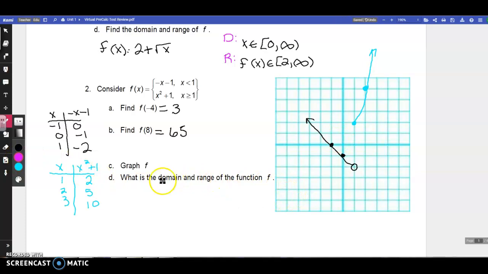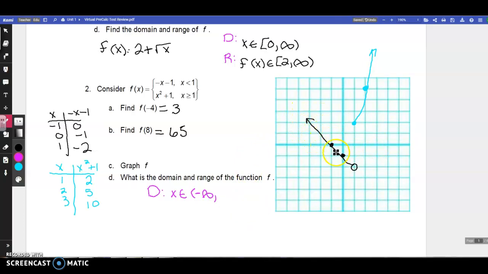Okay, so let's start with domain. So remember, domain is all the x values that are included. So when I'm looking at this graph, I'm going to start at the far left. I'm going to see what is my smallest x value. Well, this graph's going all the way to the left forever, which means my smallest x value is -infinity. All right, now I'm going to sweep my way to the right and see if there's any values that are skipped.